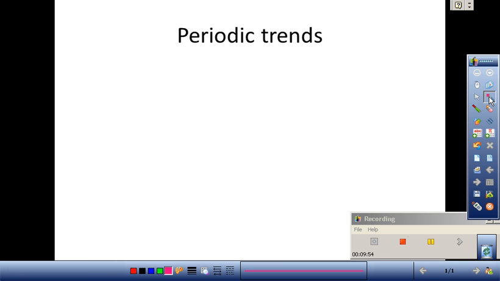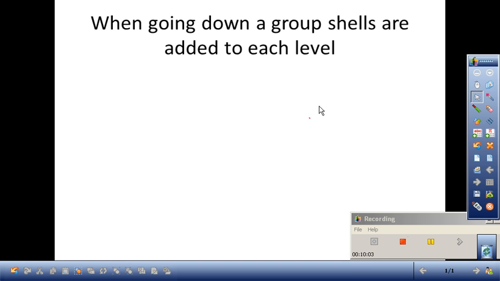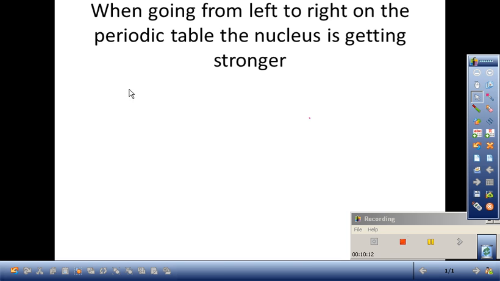Alright, now periodic trends, this is the trickiest part of this section. Now with the trends, do not try and memorize them, but if you can reason through what's going on, then you can answer all of the trend questions. Remember, there's two trends, going down a group and going across. What causes my trend as I go down?